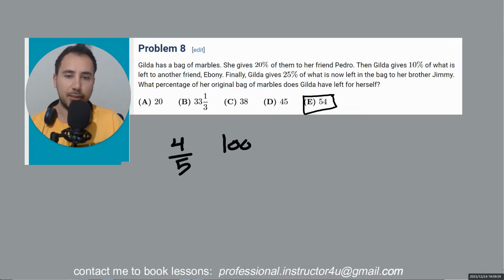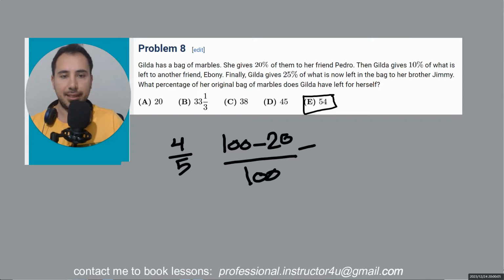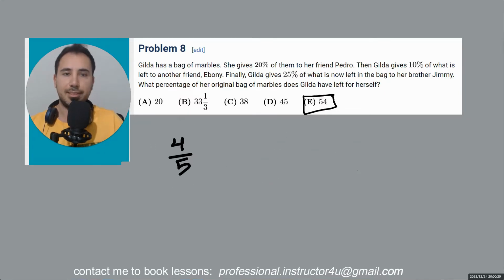There is 100. You remove 20 from it, from the 100%. Okay, that's going to be 8 over 10. It's going to be 80 over 100. You divide both of these by 20. Then you get 4 over 5.